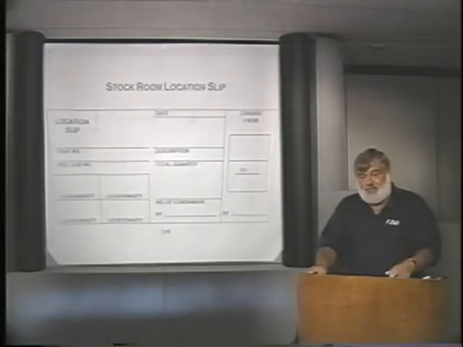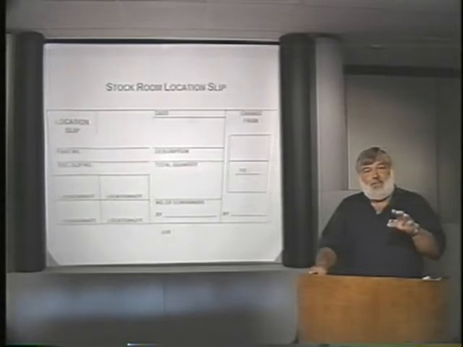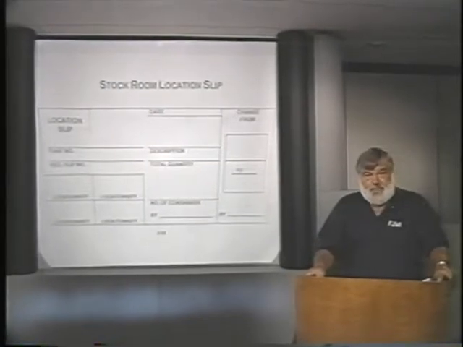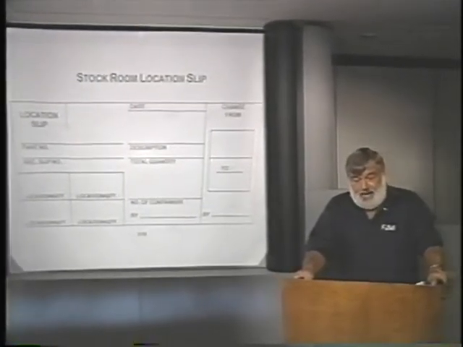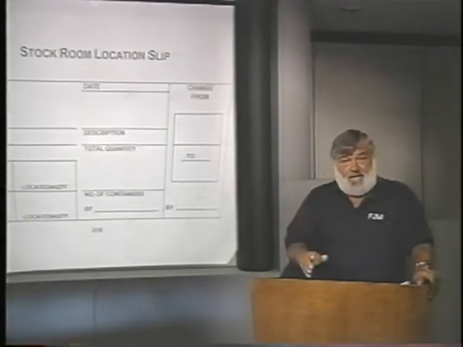If I'm in a computerized environment, I could have this location slip printed at the time of receipt through a dedicated printing program for stockroom location slip system. And the only thing that I would have to really put on this particular record would be the location that the material is going in. So that would be in a computerized environment.